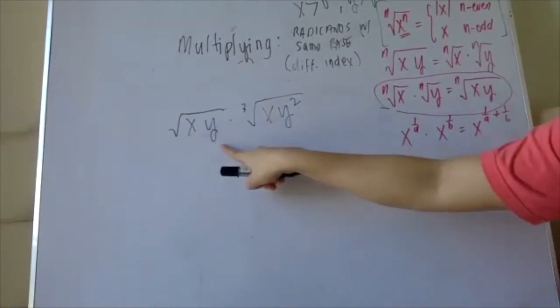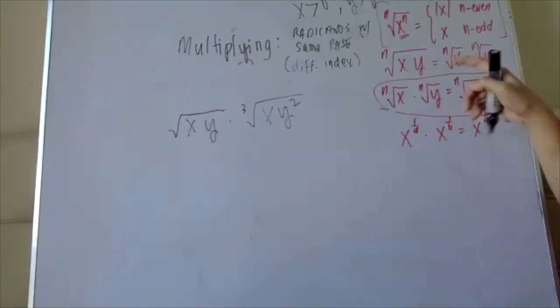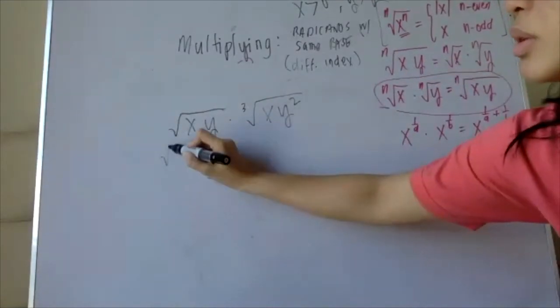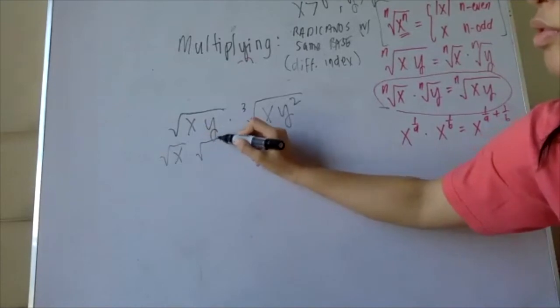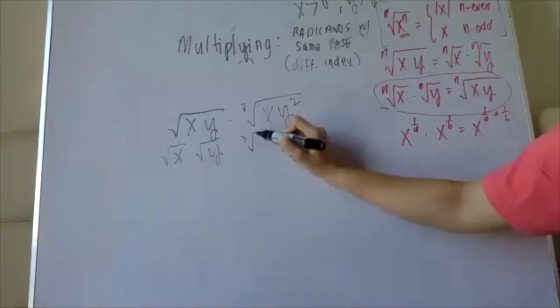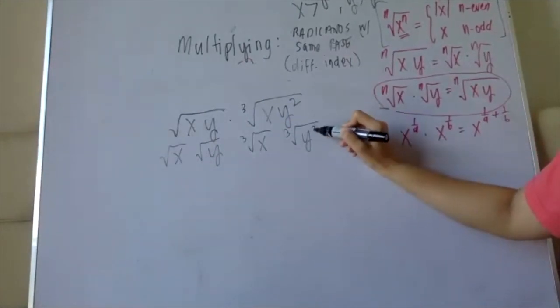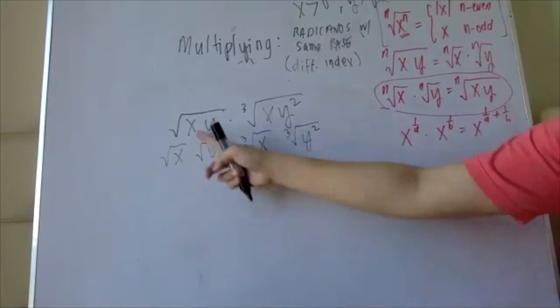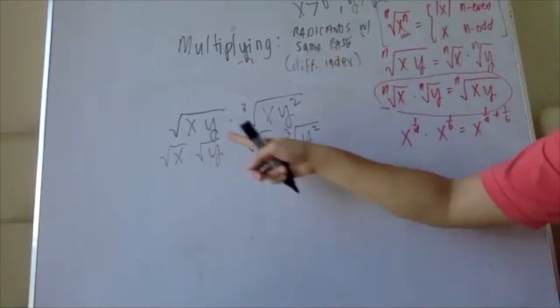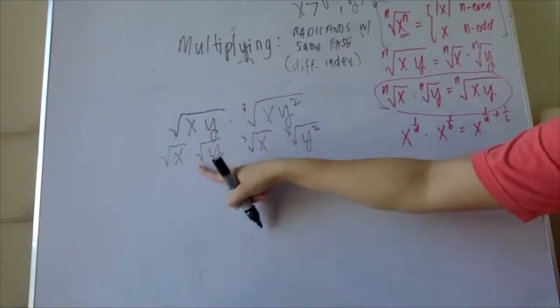Remember that this one, pwede mo siyang ihiwalay. Like here. Okay? So, this one is just equal to square root of X times square root of Y. Okay? Times cube root of X, cube root of Y squared. Okay? Pwede ihiwalay mo siya or pwede rin naman na ito muna yung gawin mong rational exponent. Pwede rin na ihiwalay muna.